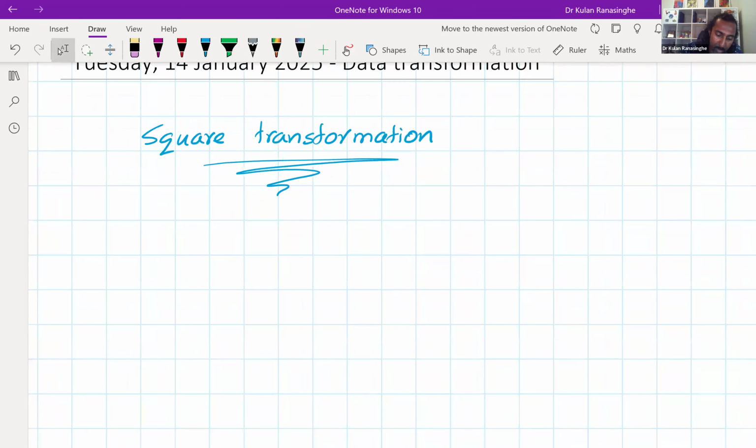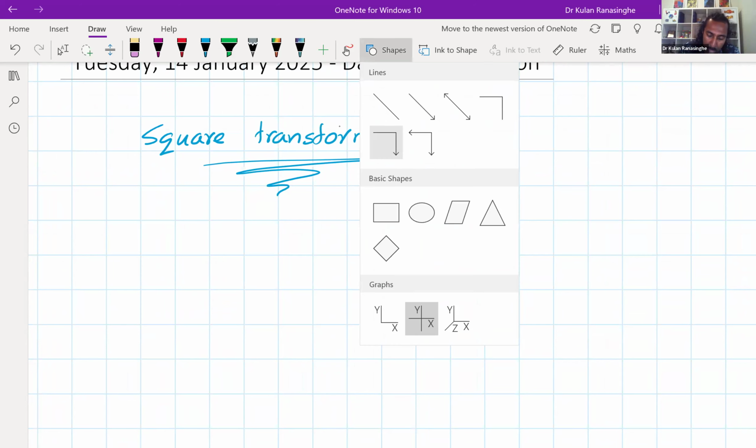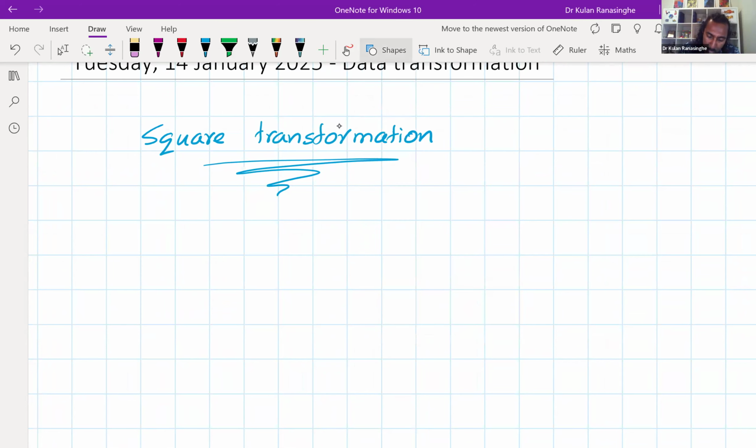Let's say I have a set of data, or rather they are related in such a way that it's in a square formation.